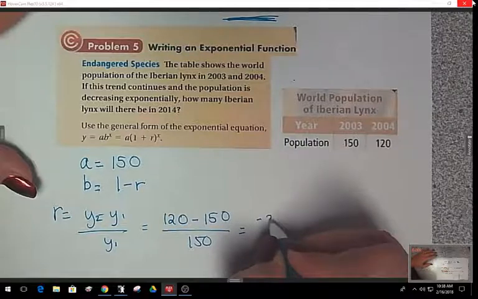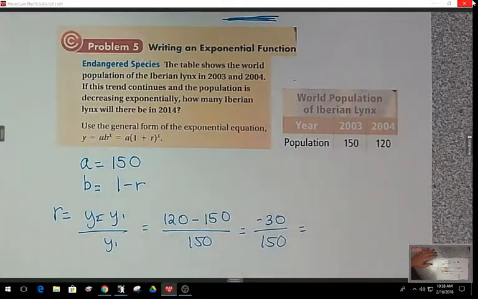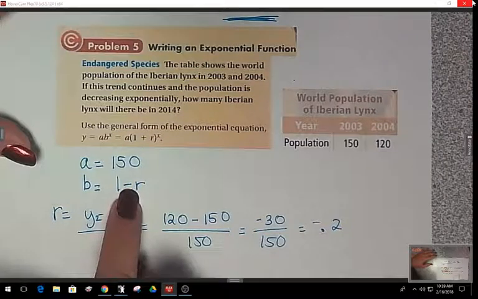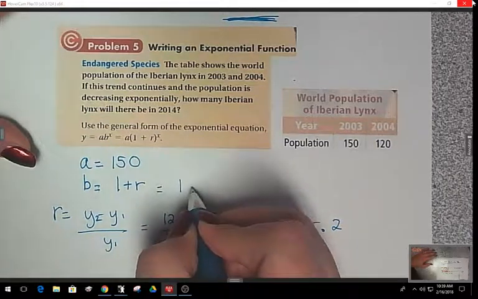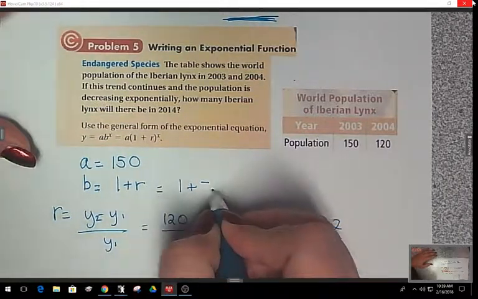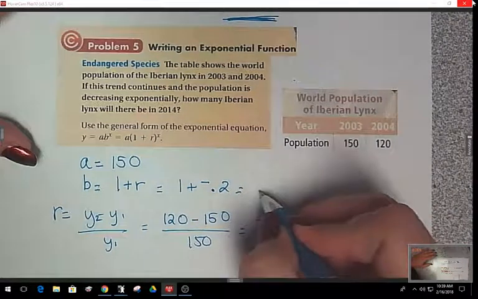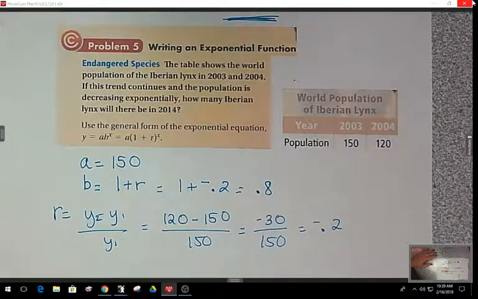So that gives me negative 30 over 150. What is that as a decimal? Negative 0.2. Because this is negative, that's why we're subtracting r. Technically it's 1 plus r because my r is a negative 0.2. So two ways of looking at it there. So my b value is only 0.8.